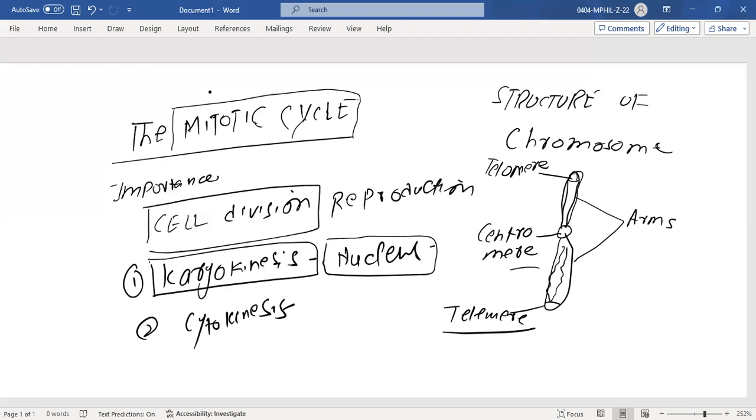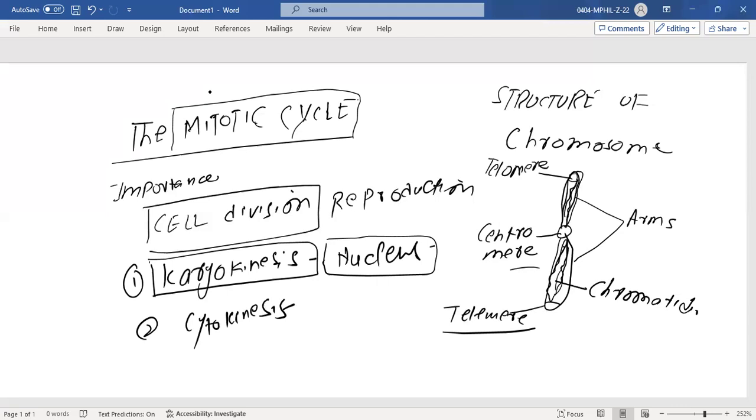You would have the nucleus here, but in a very condensed form. So we commonly use the term chromatid. So this is the common, typical structure of the chromosome.